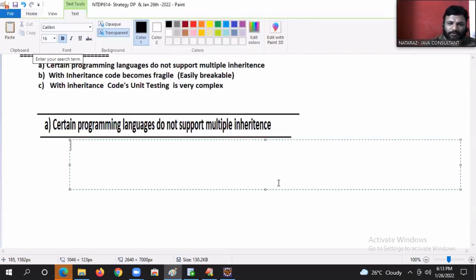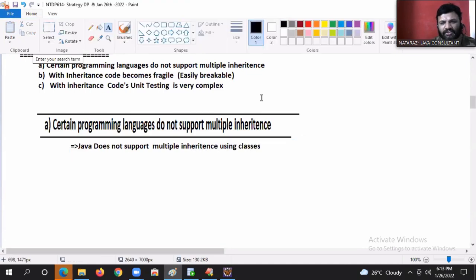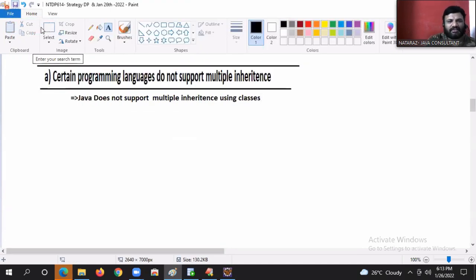Java does not support multiple inheritance using classes. Can we enjoy multiple inheritance using classes, guys?